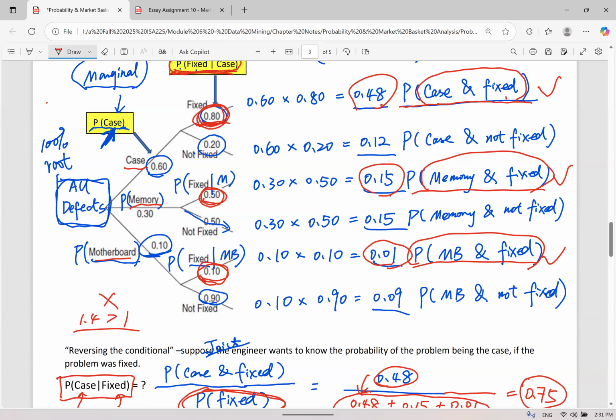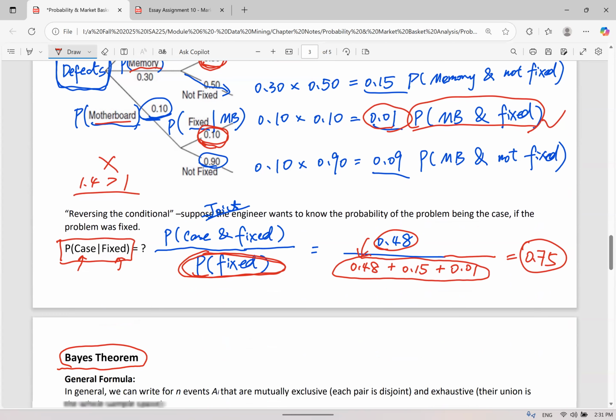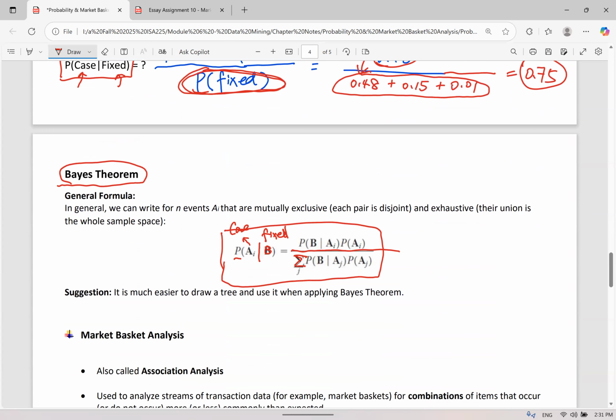Actually, we use the conditional probability times the marginal probability. So the bottom is the conditional probability and marginal probability, so that you have the joint probability, and then you get the summation for all the possible cases. And then the top will be just one of them, right?